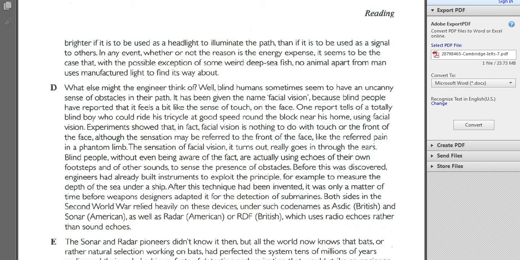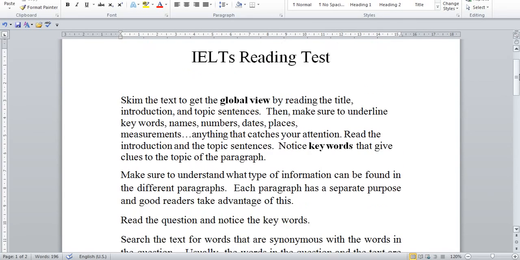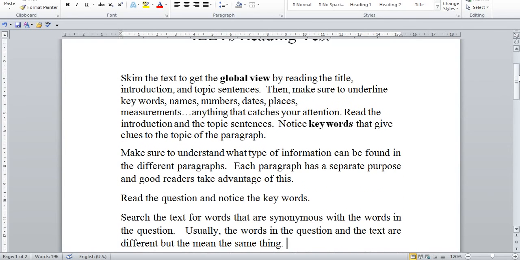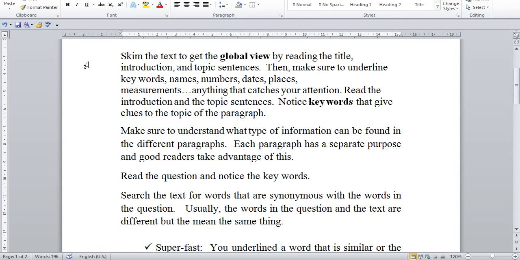Now what I'm going to do real quick is a quick review with you. The idea is to skim the text and get the global view by reading the title, introduction, topic sentences, and underline keywords, names, places, measurements, anything that catches your attention or seems important. Notice keywords give you clues to the topic of the paragraph.